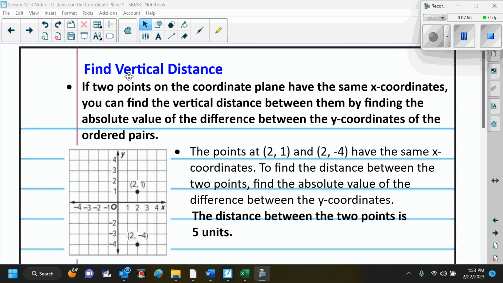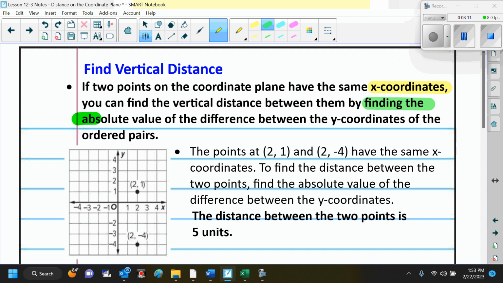So now we're talking vertical distance, okay? It says if 2 points on the coordinate plane have the same x coordinates, you can find the vertical distance between the 2 of them by finding the absolute value of the difference between the y coordinates. And again, if the x coordinates are the same, we calculate with the y values.